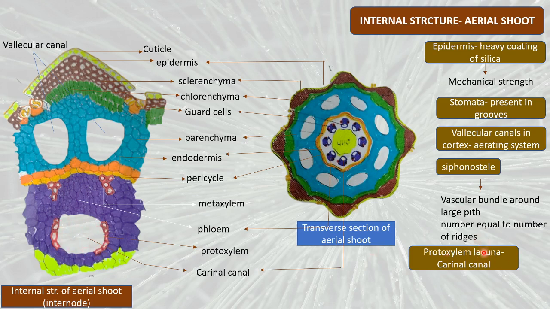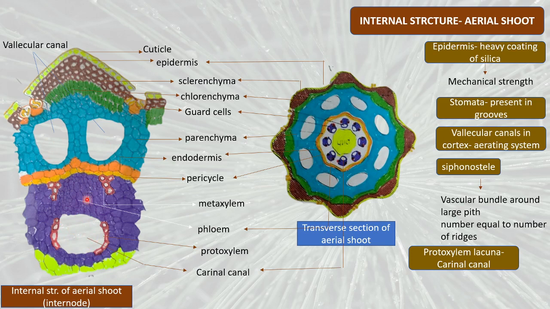And what is lacuna? Lacuna is an empty space. So protoxylem disintegrates, due to which an empty space is formed, and this empty space is called carinal canal. So this is called protoxylem lacuna, because it is an empty space formed by the disintegration of protoxylem. So the work of xylem is done here by the carinal canal.